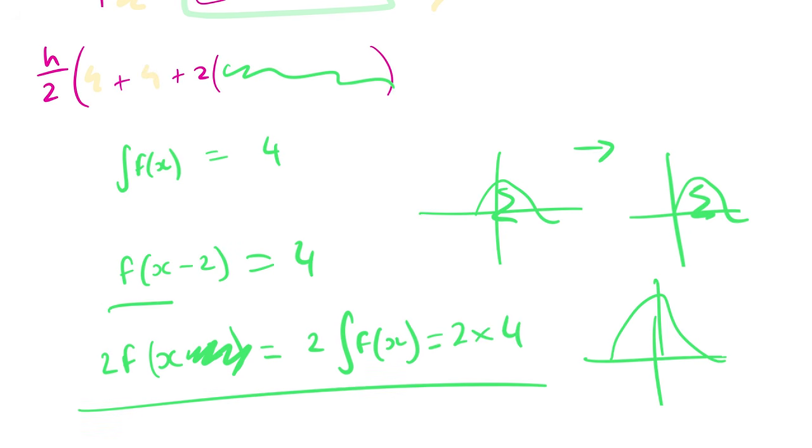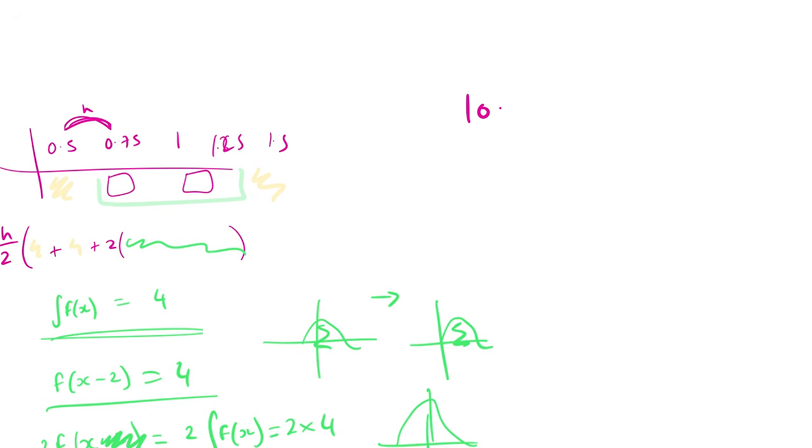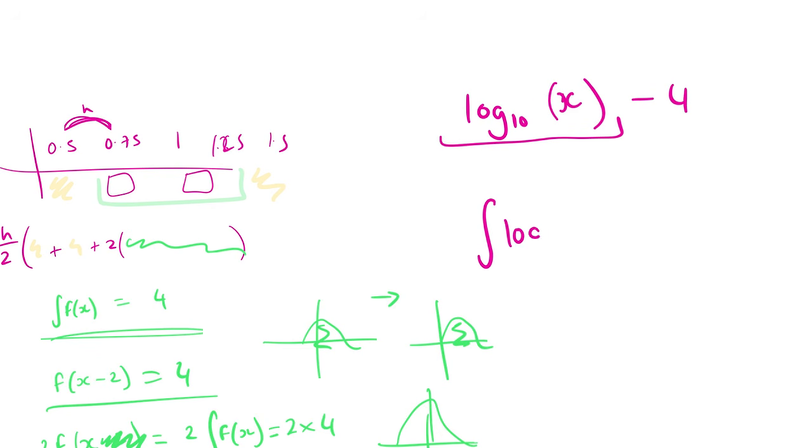Okay, this is, again, all about manipulation, and it's to do with a bit about being clever. Sometimes they like it when they have log 10 of something, I don't know, x and minus 4. If they have that and you've done this, remember this is the same as the integral of log 10 x minus the integral of 4. So integrate 4, you get 4x, and do it between the same limits, whatever it is.